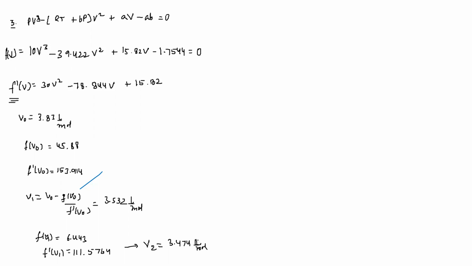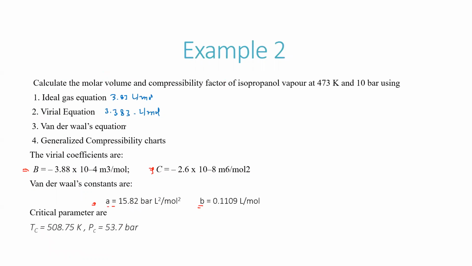So we'll calculate f of v2 and f dash v2. So f of v2 is 0.22 and f dash of v2 is around 104, right? So from here we get v3 is equal to 3.472 liter per mole. Now the difference is quite less, so we can take this as our final volume, 3.472 liter per mole. So I'll write it down here, 3.472 liter per mole.